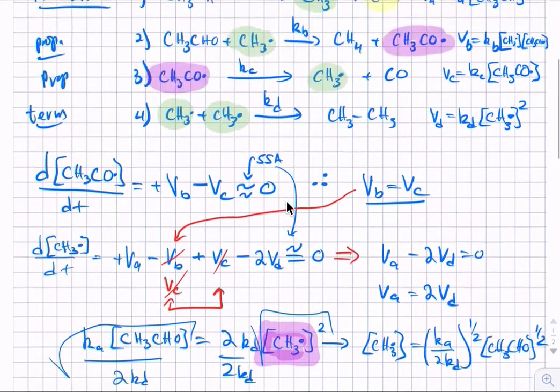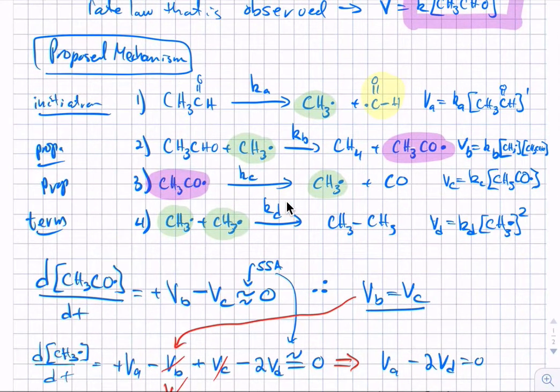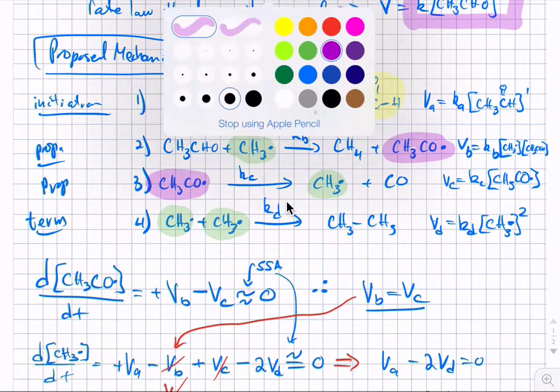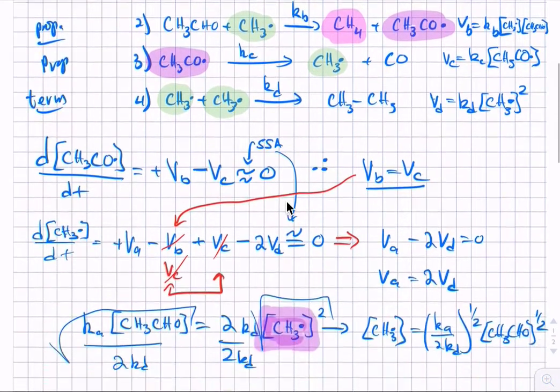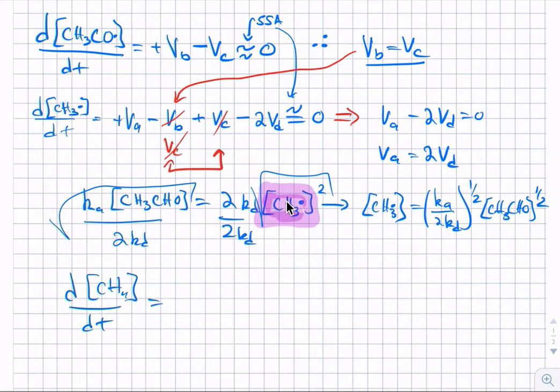What is going to influence that concentration? The only place that the methane shows up is in reaction number 2. So d methane dt is going to equal Vb, and that's going to be positive.